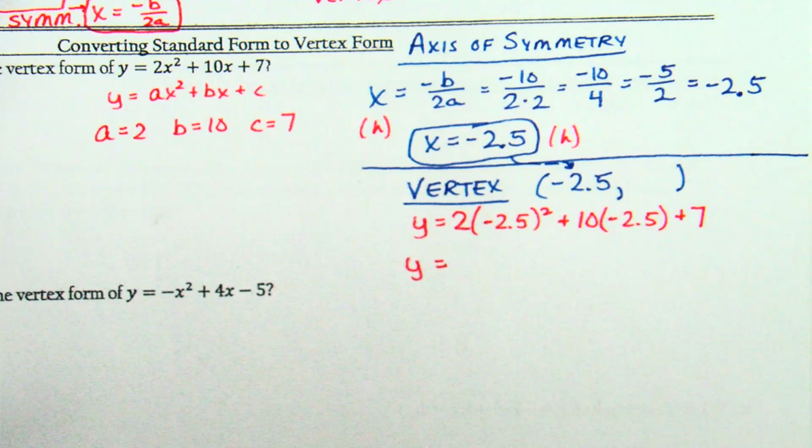So minus 25, and then we still have a plus 7. Clean it up. 12.5 minus 25 plus 7. Negative 5.5. And that is y, which is also my what? My k.